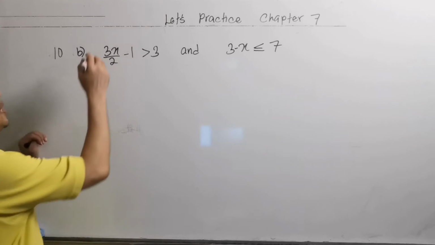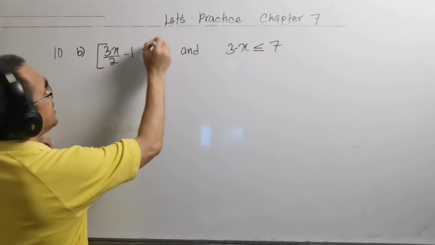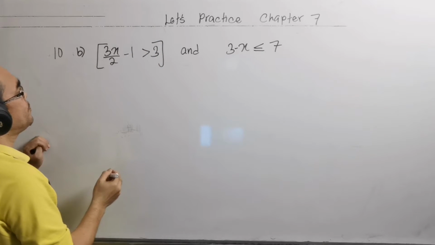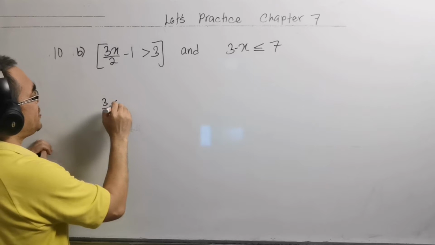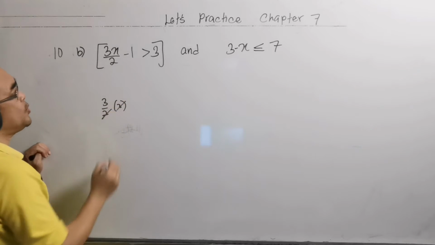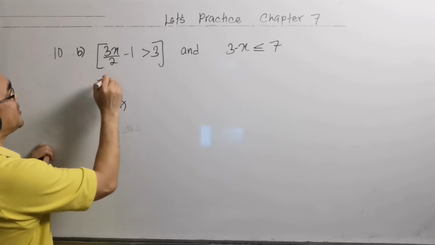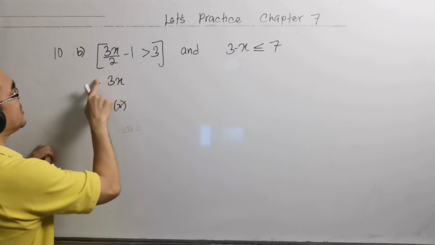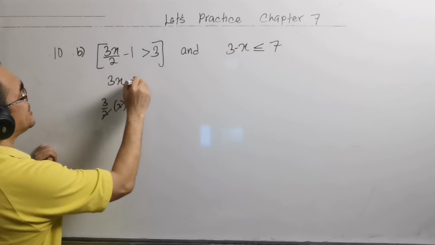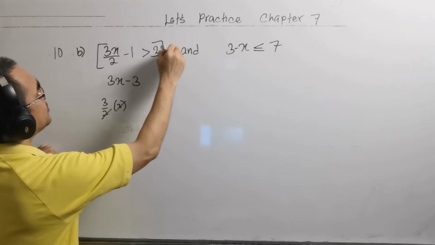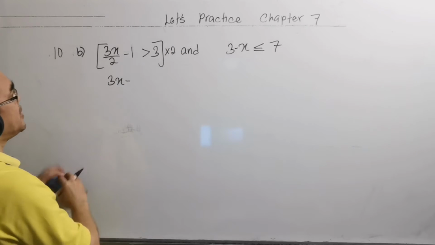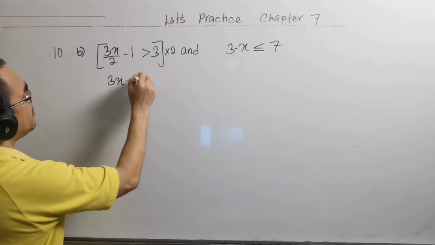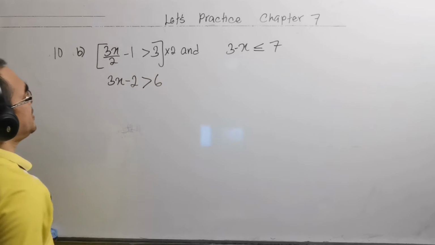Okay, for B, I will multiply everything with 2. So if you multiply 3 over 2 with 2, you cut 2 and 2, so what is left is 3. So 3x minus 3. Okay, oh sorry, times 2, right? Okay, so 3x minus 2 will be larger than 6.